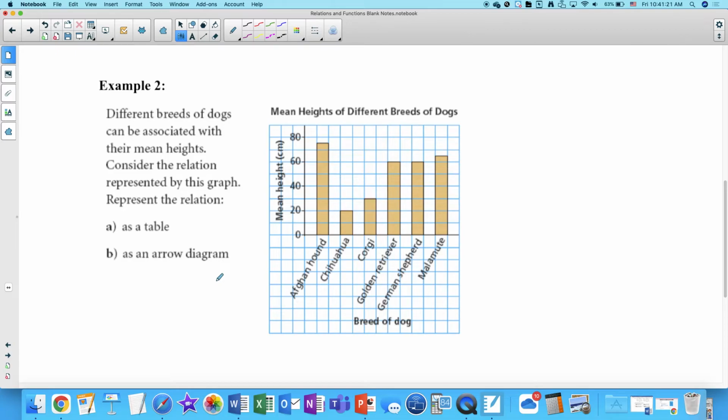Does anyone know when it's useful to use bar graphs as opposed to points instead? Yeah. When you have a set of data, when you have a group of things and you have a set amount of data about it.